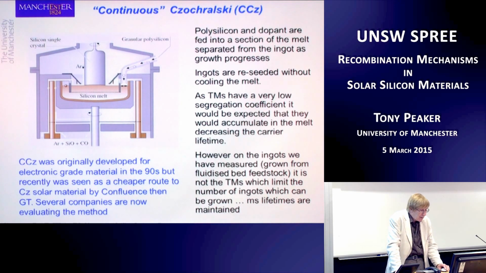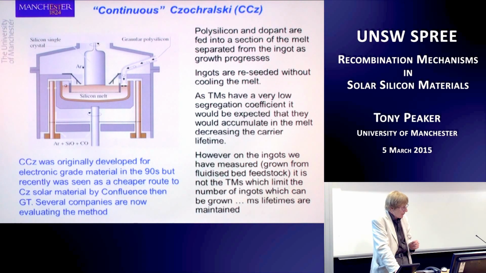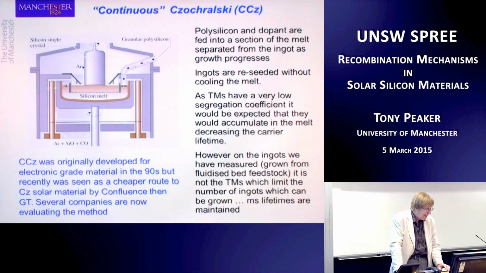You pull, the transition metals are rejected into the melt. They're not in the ingot. So as you keep on pulling, this melt is getting more and more contaminated, and the material will get worse because you have more transition metals in it. That's not the case at all.